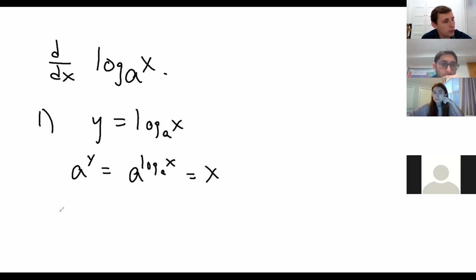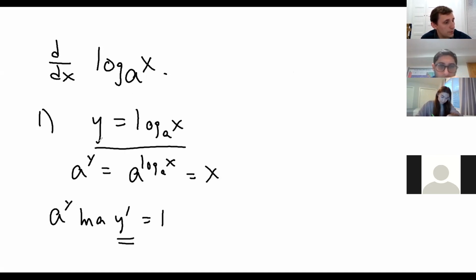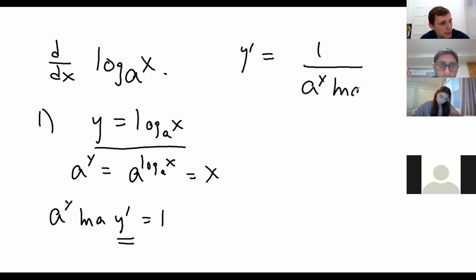The derivative of a to the y is a to the power of y ln a, as we just saw, times y prime. And that's supposed to equal 1. So y prime is the derivative of the function I want. What is y prime? Y prime is 1 over a to the y ln a.